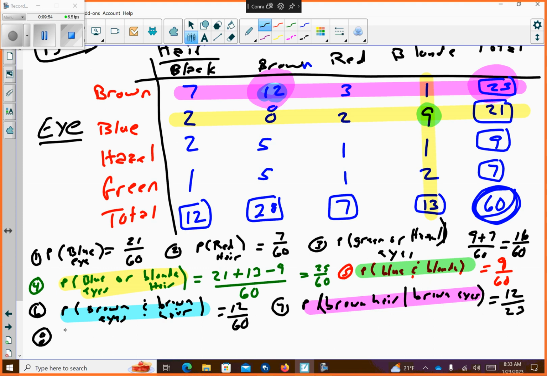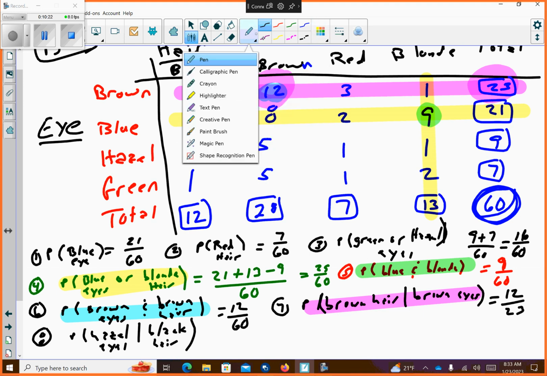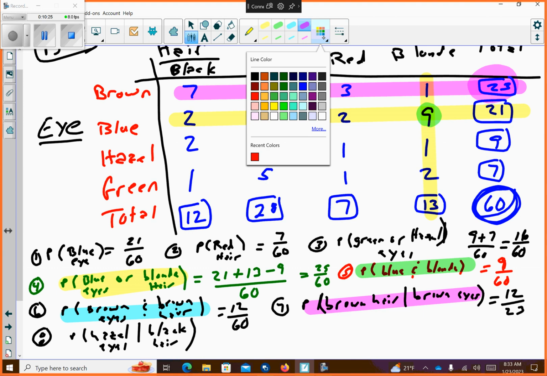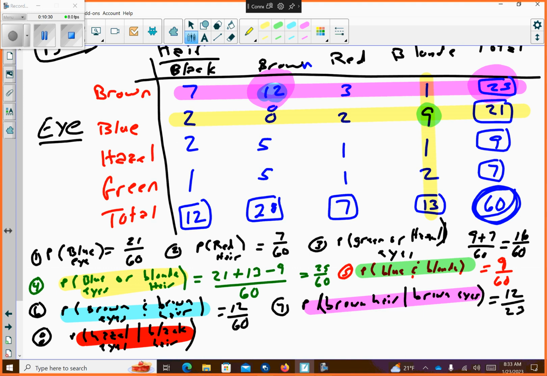Number 8, we want to know the probability that they have hazel eyes such that they have black hair. Hazel eyes, black hair. Let's do the highlighter. Pick a different color. Pick red. So we're going to do this one in red.